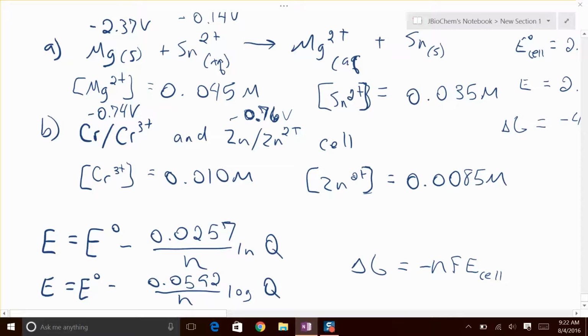Look at its reduction potential: negative 2.37 volts, whereas the reduction potential of tin is 0.14 volts. So tin is going to be reduced more easily than magnesium, right? That's how we figure out which one is oxidized, which one is reduced, which one has a greater potential to be reduced.